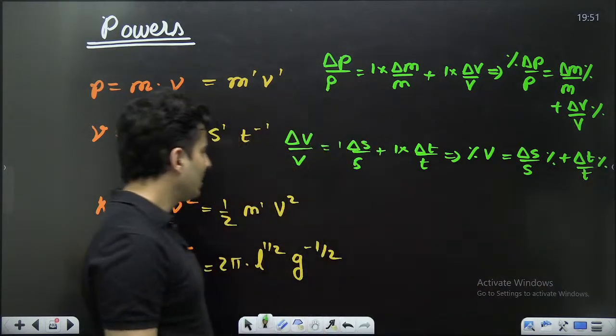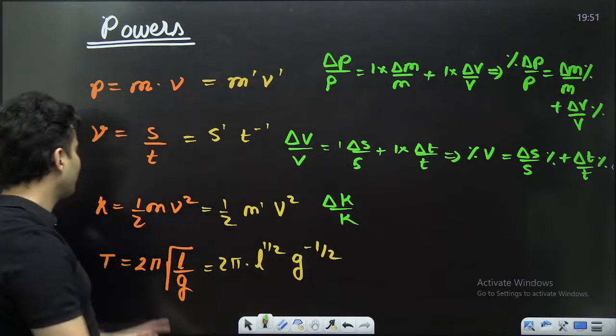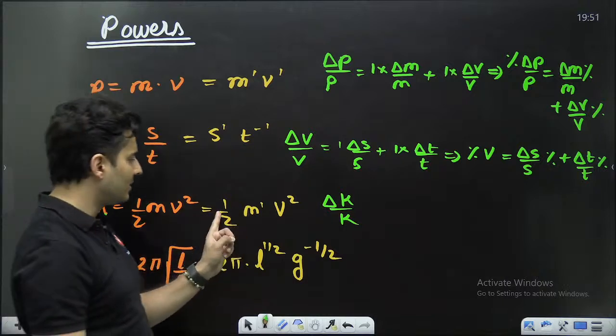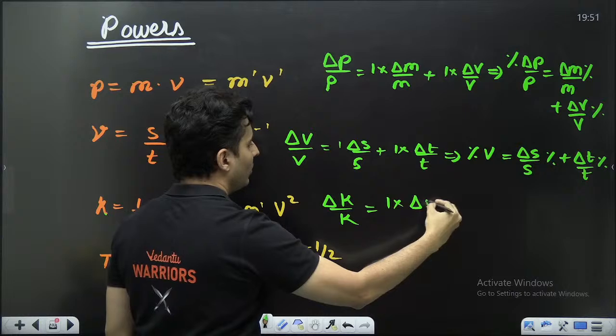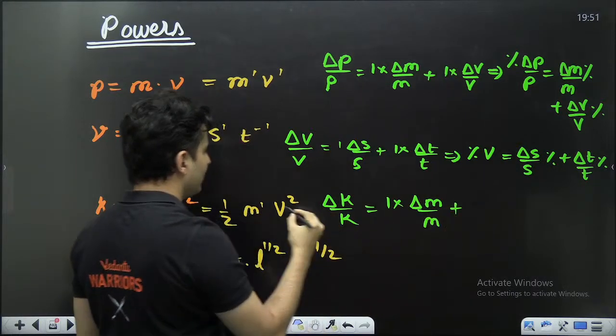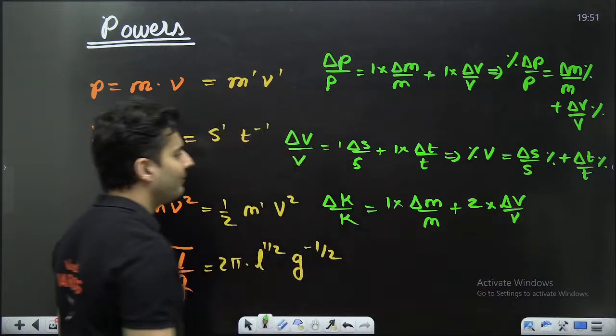That's all. Here I can say the relative error in kinetic energy, forget the constant, power of mass is 1, so 1 into delta m by m, plus power of velocity is 2, so 2 into delta v by v.